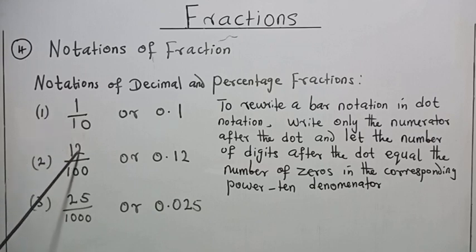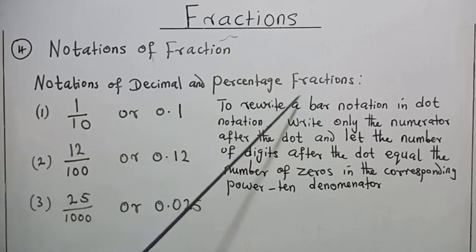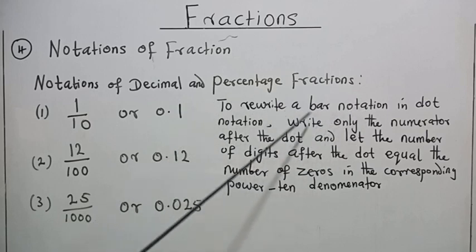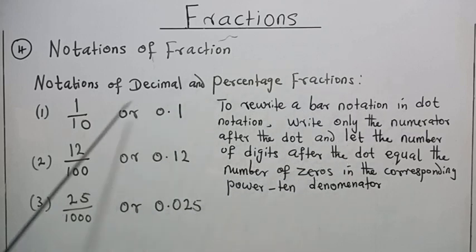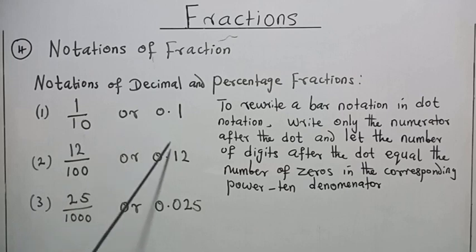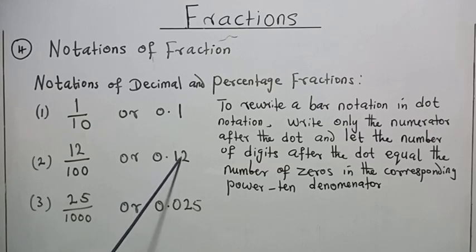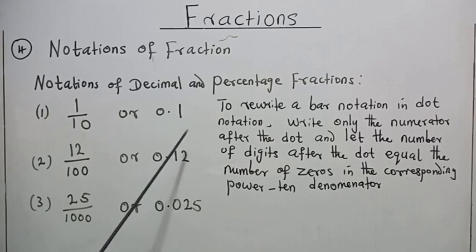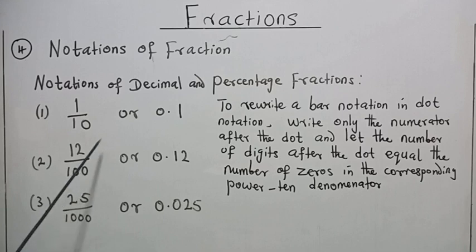The same thing happened here. To rewrite, write only the numerator. Yes, I picked 12 here. See it's this place. Next, it should be written after the dot. This is my dot, and 12 came after it. And what is next? Count how many zeros in this denominator. There are 2.